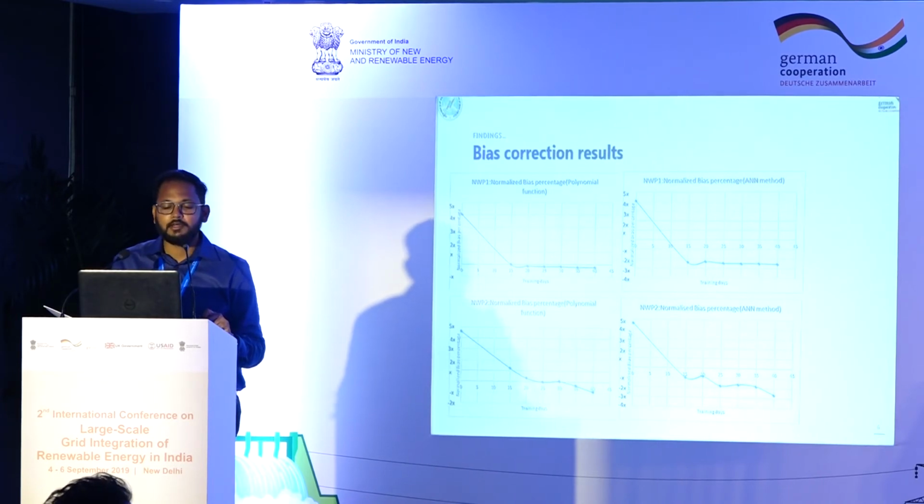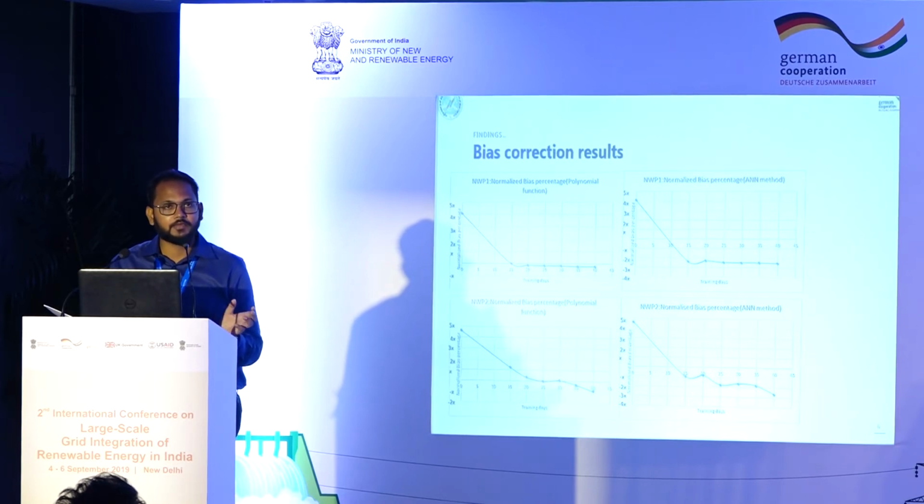And finally, we can see some results for the bias correction step, where we bias corrected the NWP for the ground measurements, because we want to mimic the same behavior as the plant is observing. So we first bias correct the radiation.